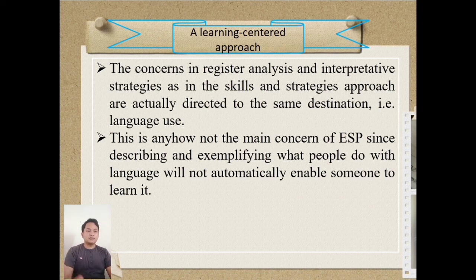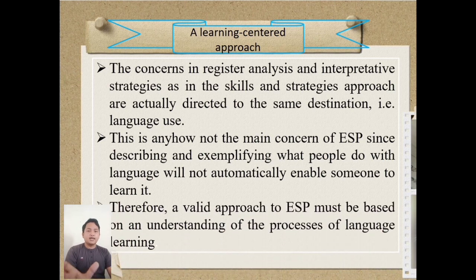This is the same destination in language use. This is anyhow not the main concept of ESP, since describing and explaining what people do with language will not automatically enable someone to learn. Therefore, a valid approach to ESP must be based on an understanding of the process of language learning.